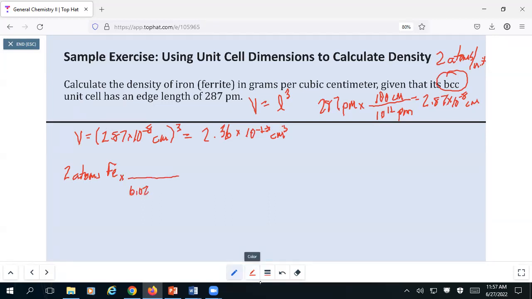There are Avogadro's number of atoms in 1 mole of iron. And the molar mass of iron is 55.85 grams.